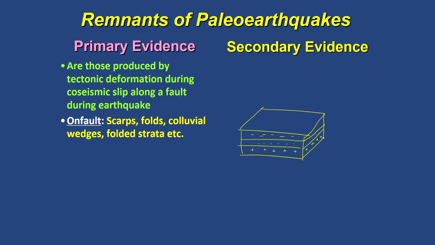And we have a fault over here, and let us say this is the surface trace of that fault. So, this one is your fault line or trace. Then this one is your fault plane.